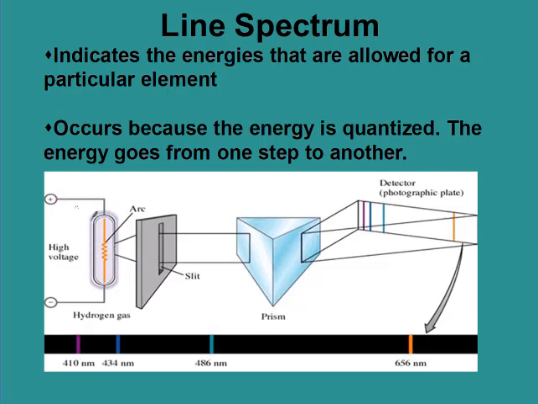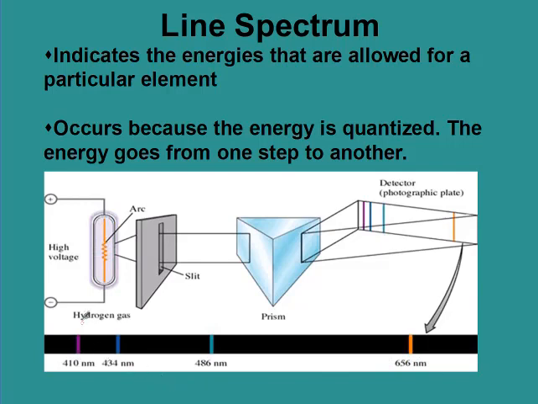So how it works is in this vessel, we have a gas of an element. It's heated through high voltage and light is shown through a prism. On the detector plate, only certain wavelengths come out.